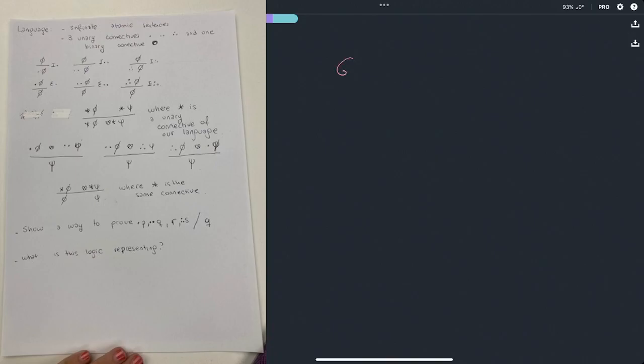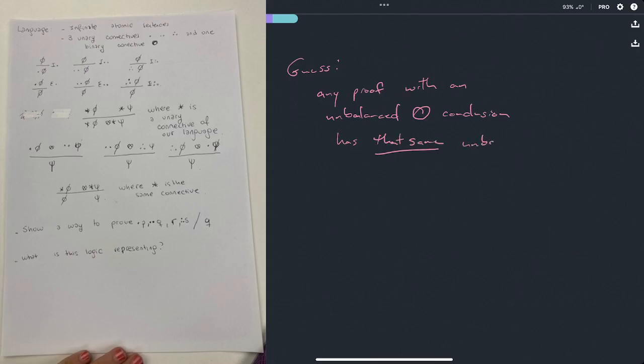But there's something like that that I want to articulate. So here's a guess. Any proof with an unbalanced pretzel conclusion has that same unbalanced pretzel sentence as a sub-sentence of an open assumption.